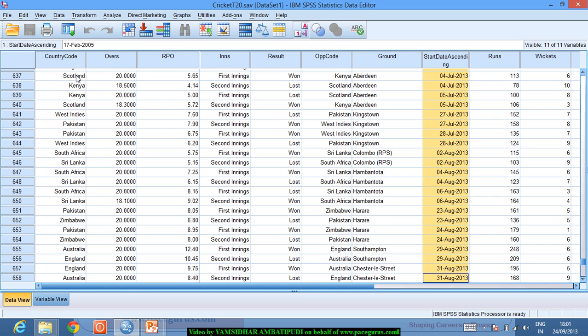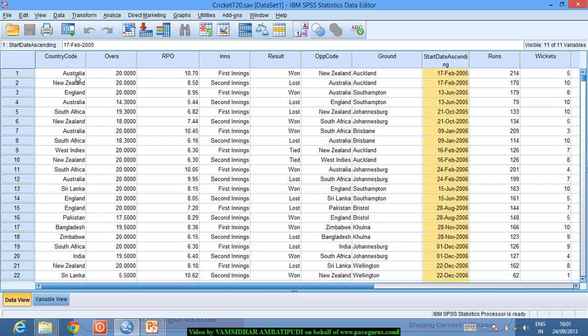international has taken place. During this period, what I have collected is team-wise data. Team-wise, for every match, how many overs they have played, what is the runs per over, and whether it was the first or second innings.